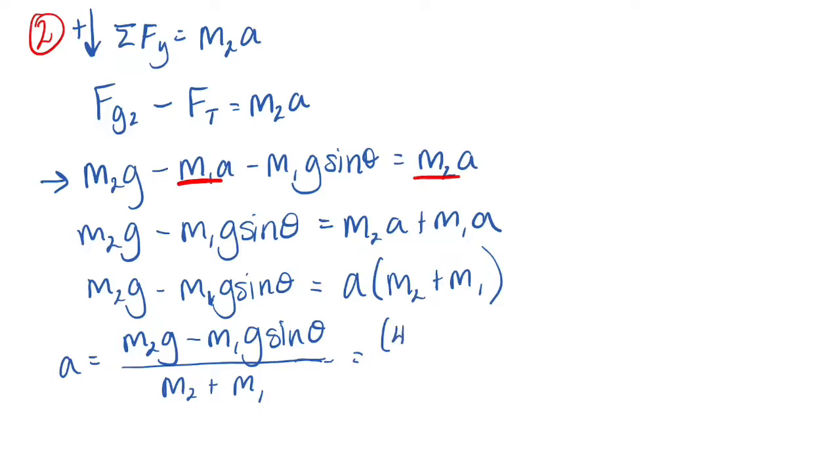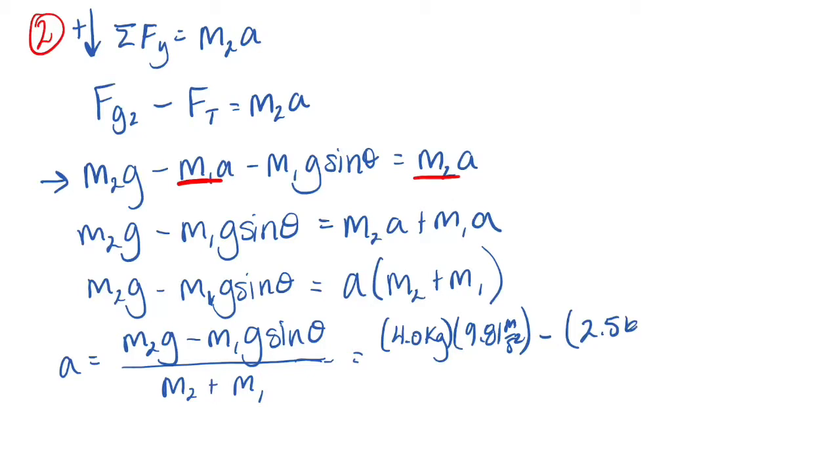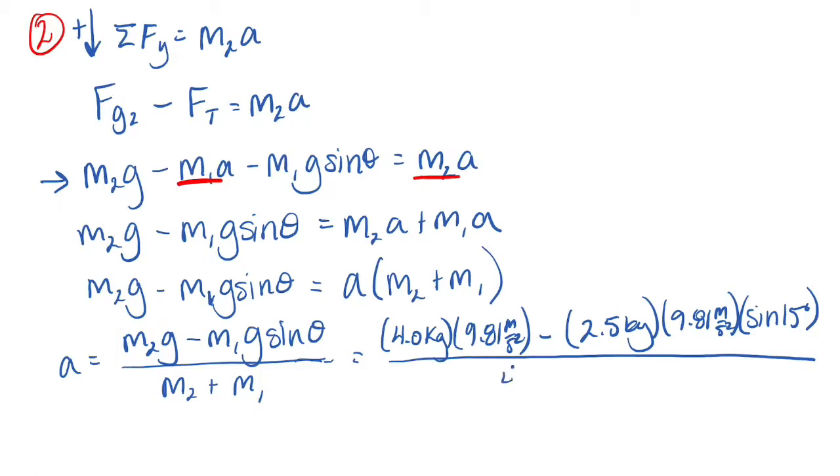So we got M2, 4 kilograms times g, minus mass 1, 2.5, times g times sine of theta, and the angle was 15 degrees, divided by 4.0 plus 2.5, and that whole acceleration is then equal to 5.1.